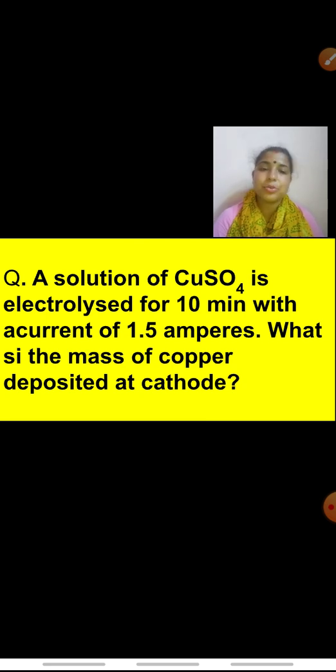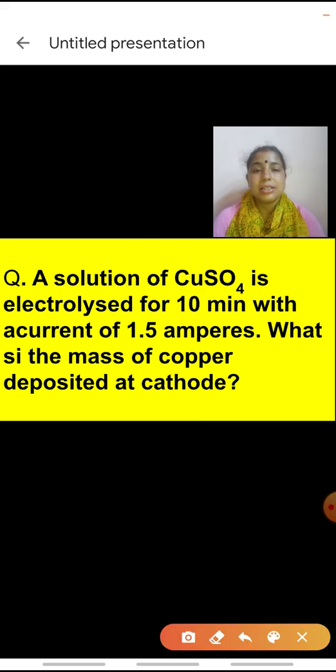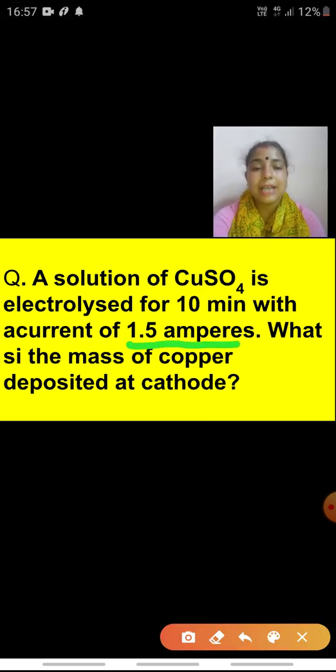You all know Q is equals to I into T. Here this is your I and this is your T. Remember, you have to take time in terms of seconds, then only it will become equal to coulombs. So Q is equals to IT, and you'll find out the charge.